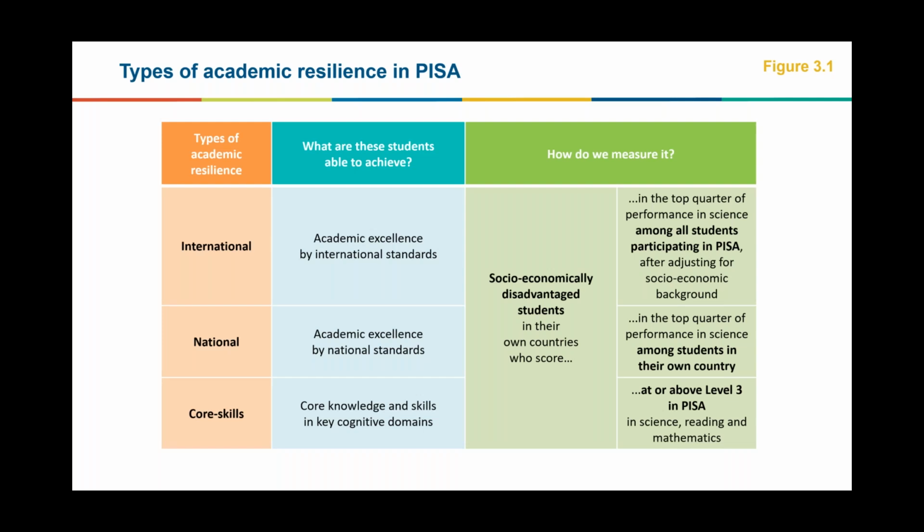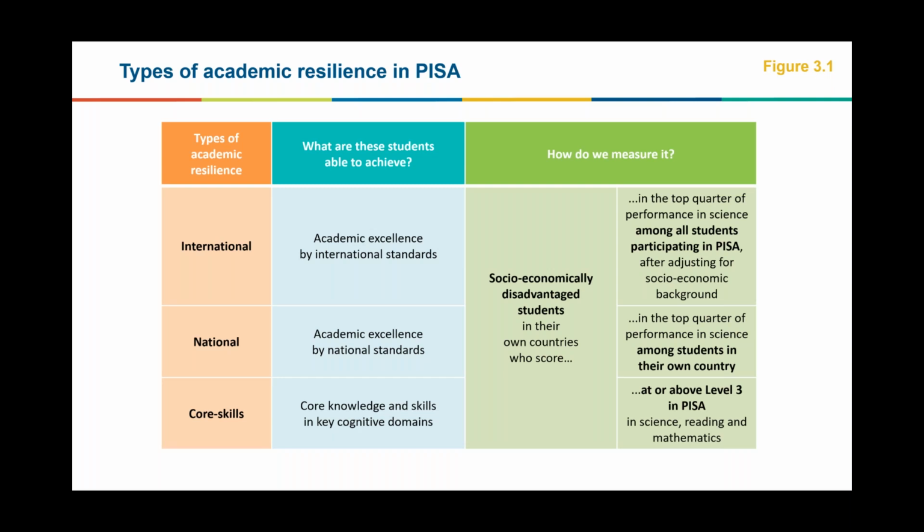There are three standards that we have set. First of all is an international standard of resilience, where we basically look at disadvantaged students who come out in the top quarter of performance in science among all of the students that participated in PISA, after we take into account the social background. Then we look at to what extent students succeed by national standards. Basically, to what extent do disadvantaged students come out in the top quarter of performance in their own country?